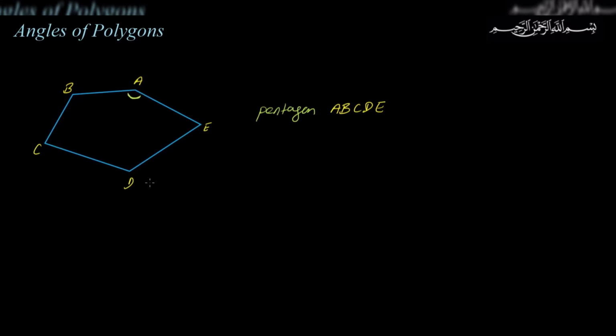Okay, so nevertheless, every interior angle has a best buddy, and that's the exterior angle. So this is the interior angle, and the exterior angle that goes along with it, you would get by extending this line over here like this, or from the other side you could stretch out that side.